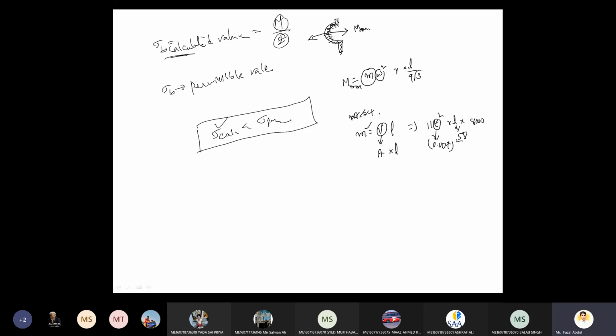Omega is 2 pi n by 60. 2 pi n, question itself given the n value 1800, by 60, and r is the crank radius.